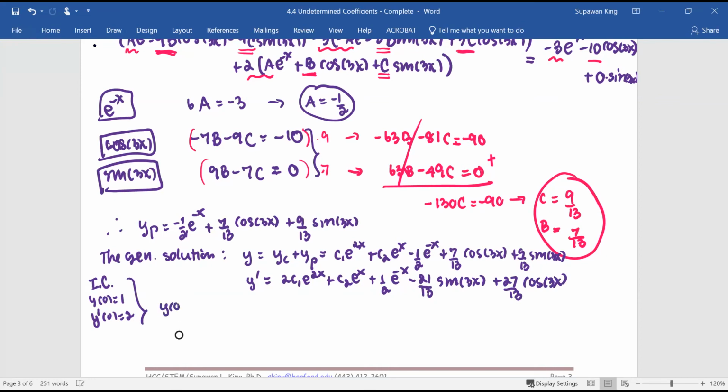For the first one, y at 0 equals 1 equals c1 plus c2 minus 1 over 2 plus 7 over 13.